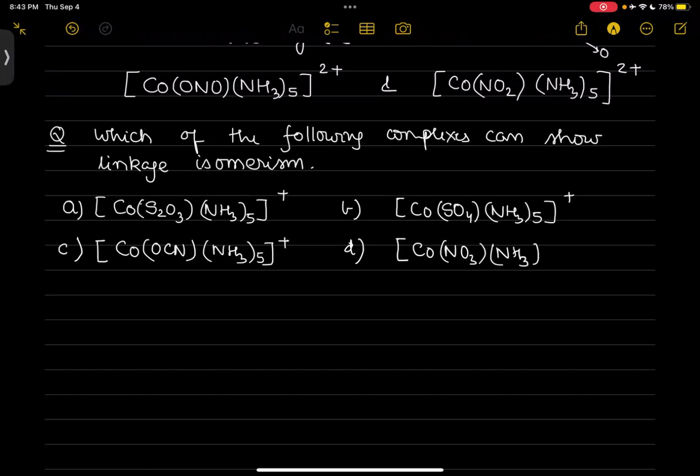There are some complexes which look very similar, and students may get confused and start thinking that they may also exhibit the linkage isomer.